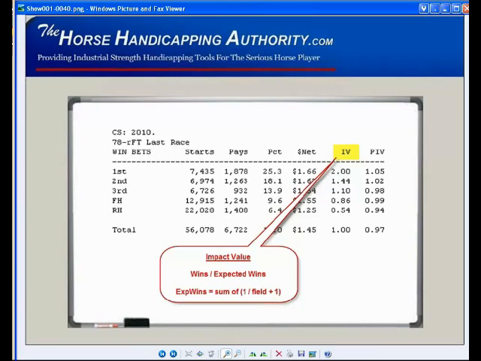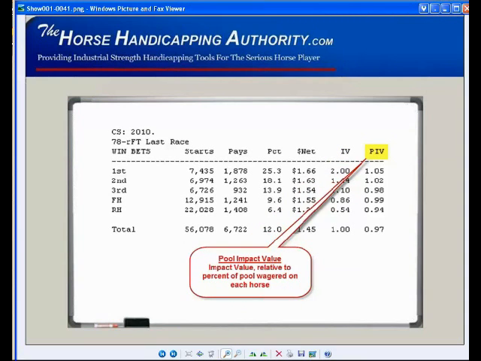Finally, we have pool impact value. And pool impact value is relative to the pool. So in other words, it's the number of pays divided by the number of expected payoffs. And instead of summing 1 divided by field, and I actually said field plus 1, I meant to say 1 divided by field.